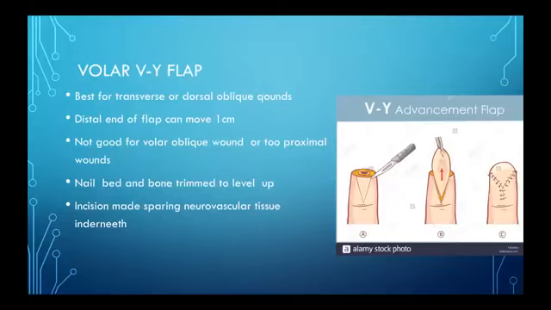The septae underneath is what anchors the skin, and with it carries the vascular supply. You can see that we have a defect here. We have made a V cut that's apexed proximally, then pull that over to cover the soft tissue defect, and the Y arm of the flap is then sutured to provide coverage.